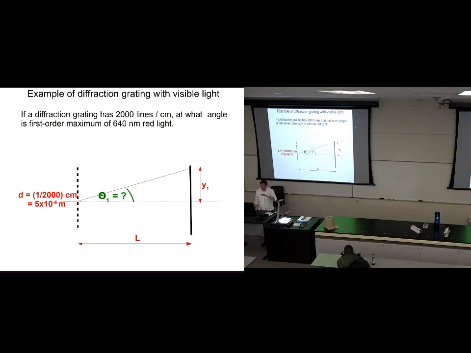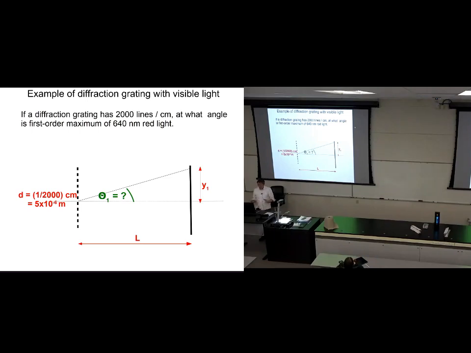This is typically the way that diffraction gratings are described. Diffraction gratings are normally described by how many lines they have per centimeter. That's how many slits they have per centimeter. This diffraction grating has 2,000 slits per centimeter, 2,000 lines per centimeter. So we're told that number.